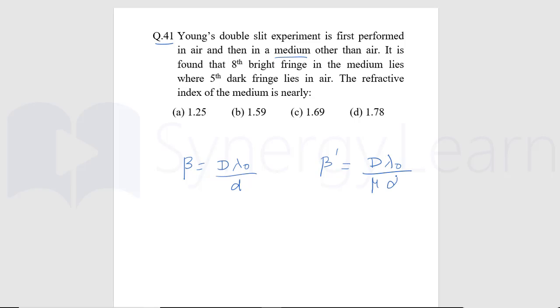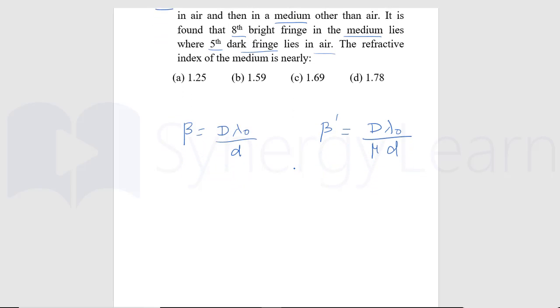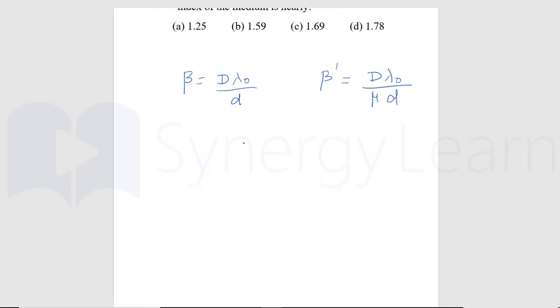The wavelength decreases in a medium, so the fringe width will get reduced. Now what it says, it is found that the 8th bright fringe in the medium lies where the 5th dark fringe lies in air. Then the refractive index of the medium is nearly.